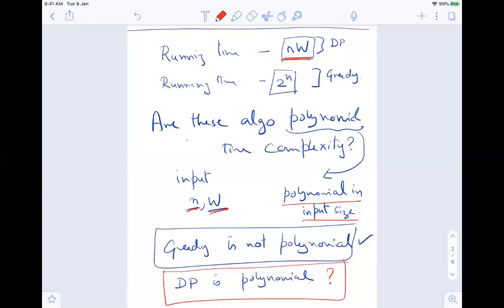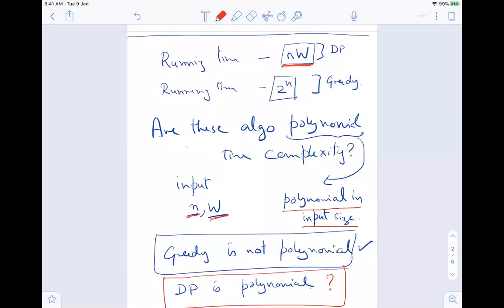See, so your input, of course, has these n weights, right? So W1 to Wn and this capital W, right? These are the inputs that you have been given. So all you have to specify is the weights of the input. The input is the weights. But what is the input size? Just think of it.